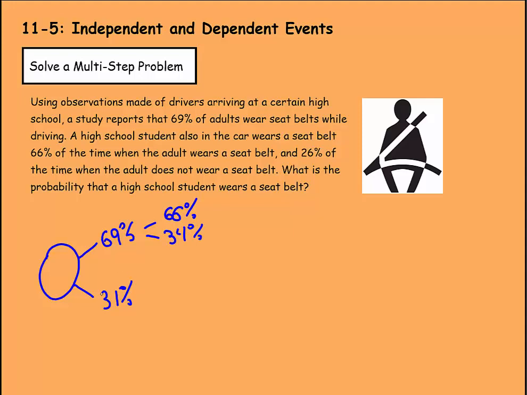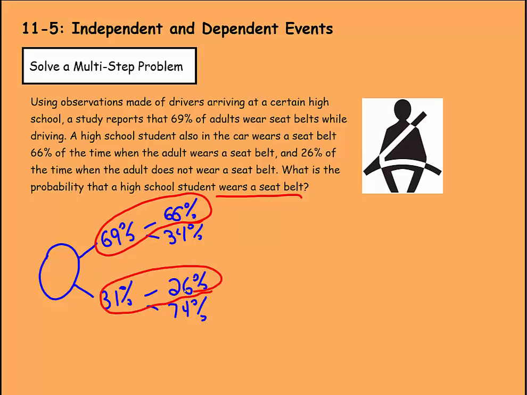With these 31% of adults who do not wear a seatbelt, 26% of the students wear a seatbelt, and that must make it 74% do not. So we're looking for the probability that a high school student wears a seatbelt. That would be our favorable outcome. Well, what is it? We have this combination here, 66% of the 69%, and then the 26% of the 31%. So if we added up these percentages together, that would give us our total amount.